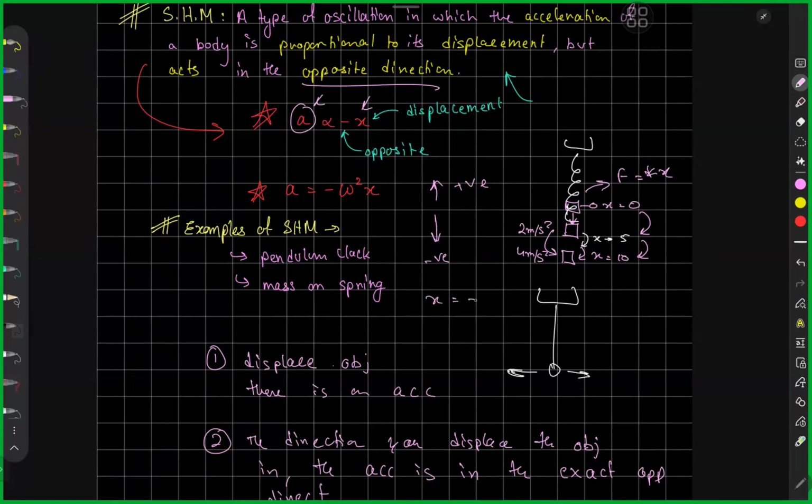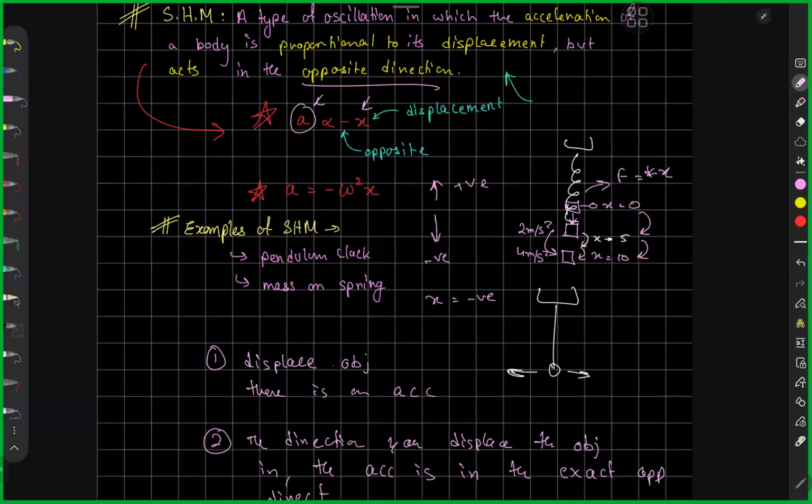So x is negative. And what is my acceleration going to be? -4 at this position. Sorry, +4 at this position, which is upwards. So it is now going to accelerate upwards. Got it? So I displace it down, so negative displacement, and the acceleration will be upward.